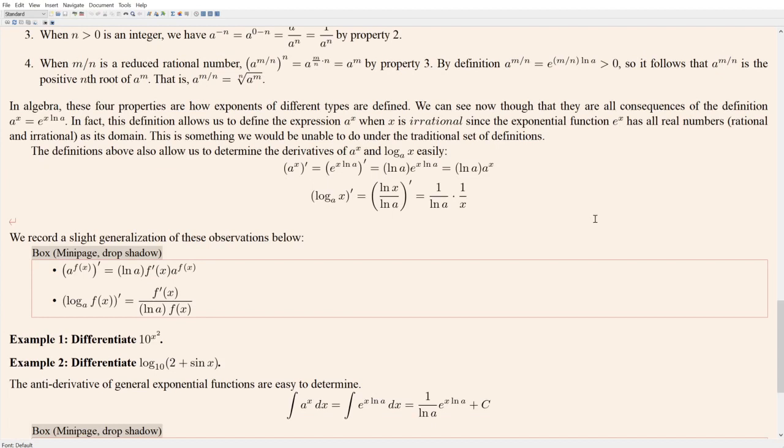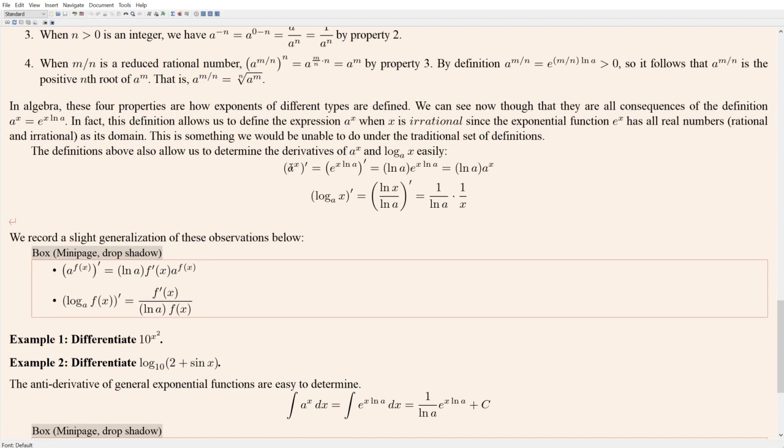Now, another benefit to writing general exponentials in terms of natural exponentials is because we have already determined all of the calculus rules for differentiating the natural exponential and natural log functions. So that means we can figure out the calculus rules for general exponentials and logs pretty easily.